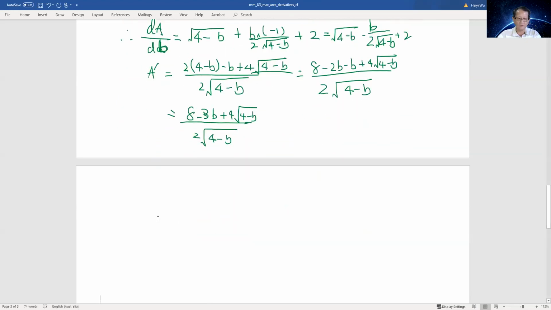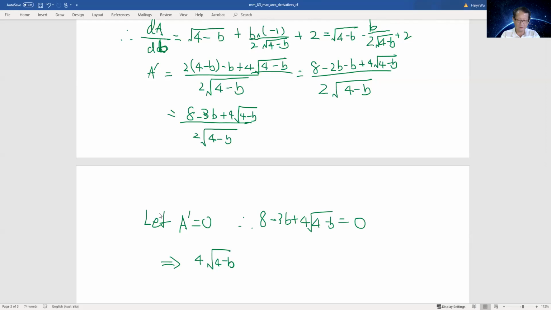So in order to achieve the maximum area, we need to let A dash equal to 0. So therefore, the top number, 8 minus 3b plus 4 square root 4 minus b, equals 0. So that leads to 4 square root 4 minus b equals 3b minus 8.